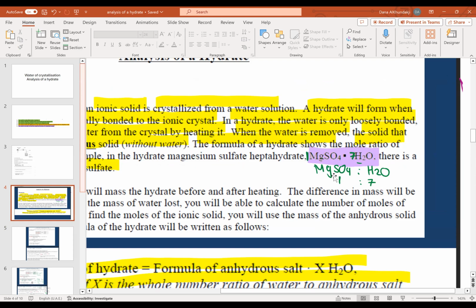So this is anhydrous without water, and whenever I add the .7H2O, it becomes hydrated. Here we see that there are 7 water molecules bonded to 1 mole of magnesium sulfate, in the ratio of 1 to 7. So again, what we want to do is get to that mole ratio.